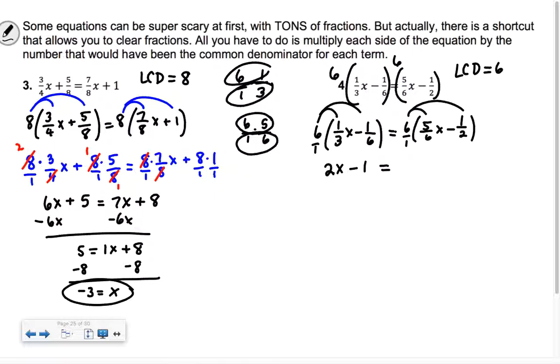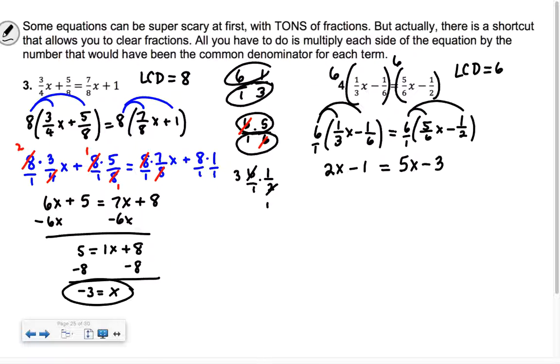You could simplify the 6's, so you get 5, so 5x. And then 6 over 1 times 1 over 2. You can cancel, or you could multiply across to begin with and get 6 over 2, but 6 over 2 is 3, so we have minus 3. So be careful with your signs, too. So you should get 2x minus 1 equals 5x minus 3.